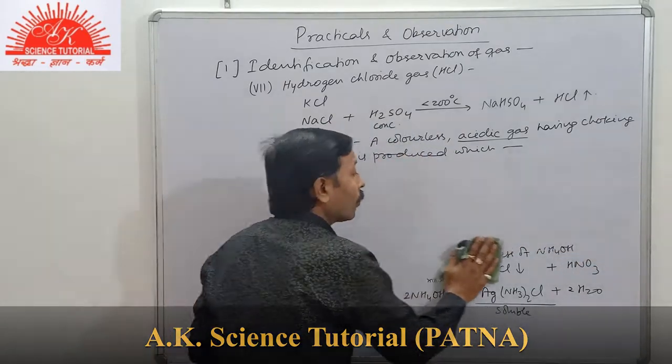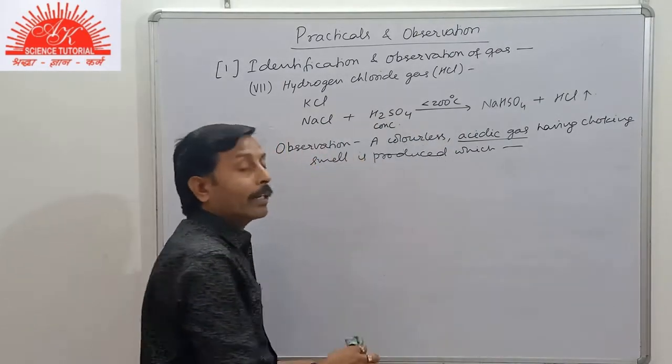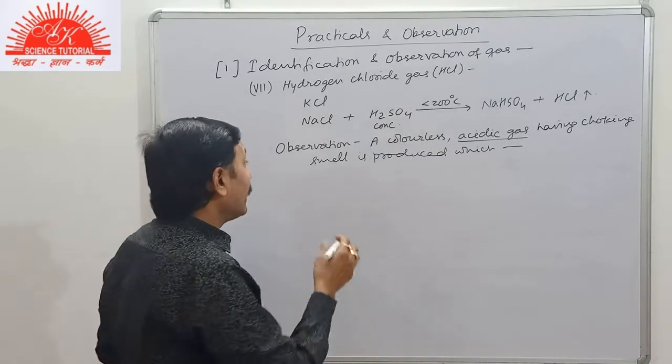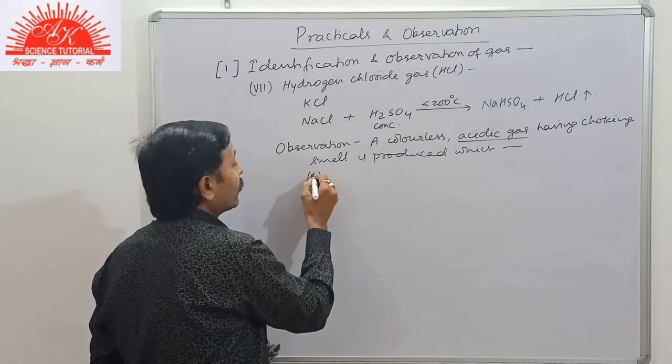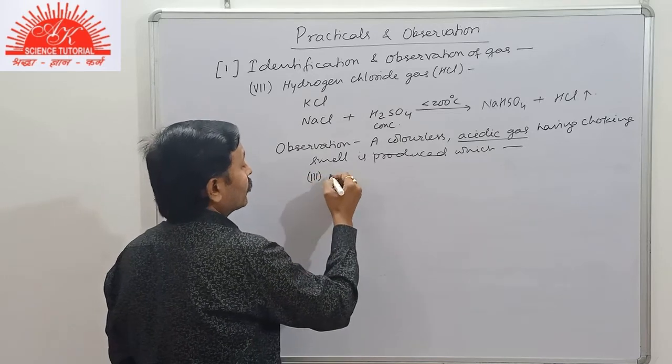Now we have one more test for HCl, which will be again used for the test of chloride radical or ion.